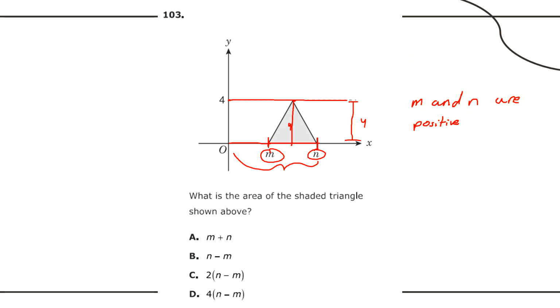So if we subtract M from N, we would only get the distance from M to N. So that would mean that the base length is N minus M. So this is the base. We have the 1/2 in front because the area of a triangle is 1/2 base times height, and the height is 4. And here we actually don't have to expand the parentheses because we would have the 4 and the 1/2, that would turn into a 2 times N minus M, which would correspond to answer choice C. So that is the answer to this question.